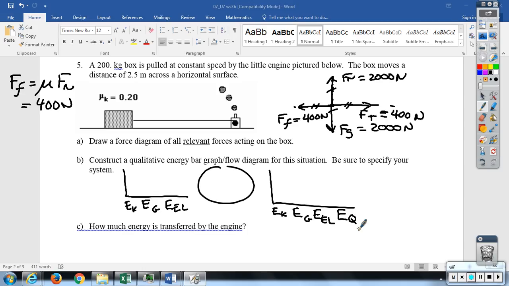We know that it's moving at a certain speed, so we'll give it, this is kinetic energy here. It's not changing height, we don't have to worry about EG. There's no springs attached, so there's no EEL, so that's pretty straightforward. We start with all EK. Now the speed doesn't change.